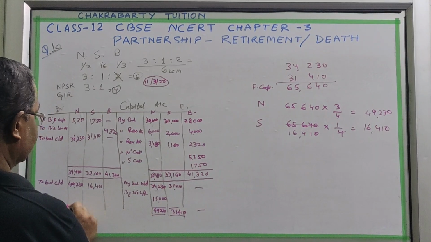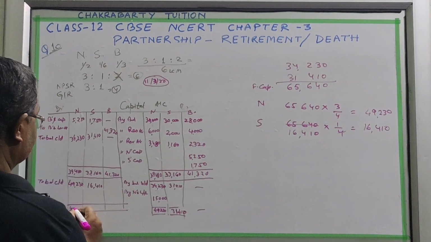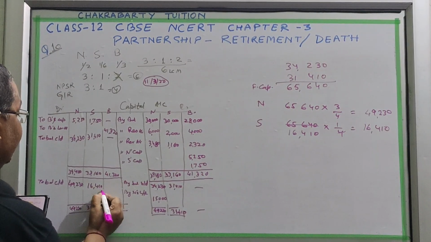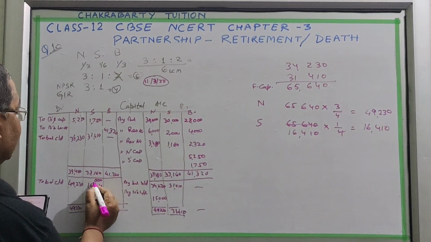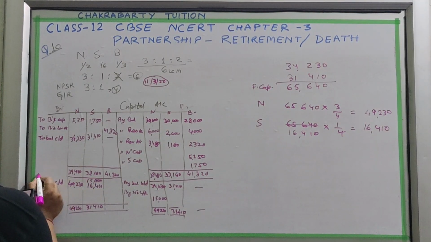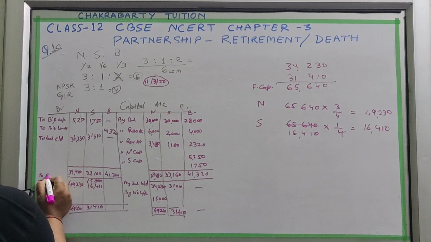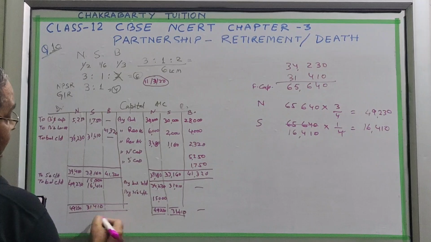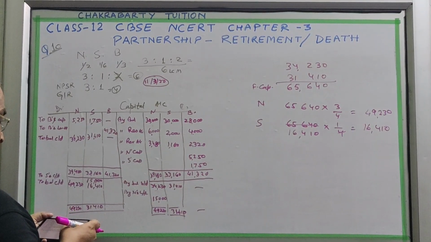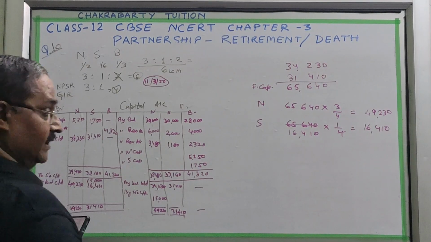So 15,000 will transfer to his current account. Okay, this much will be transferred to his current account. So by this way the question will be over. Ledger accounts, balance sheet, current account will be over.